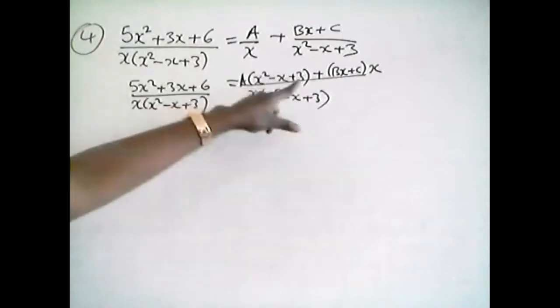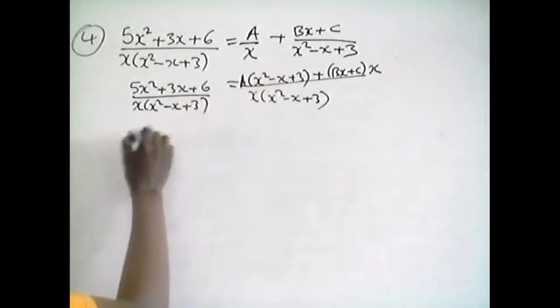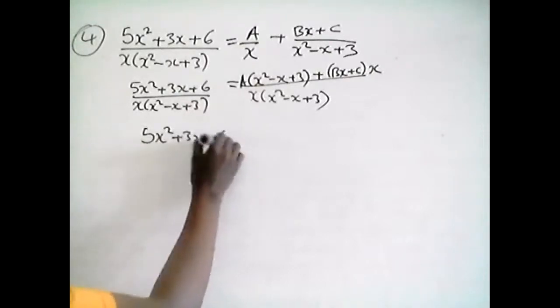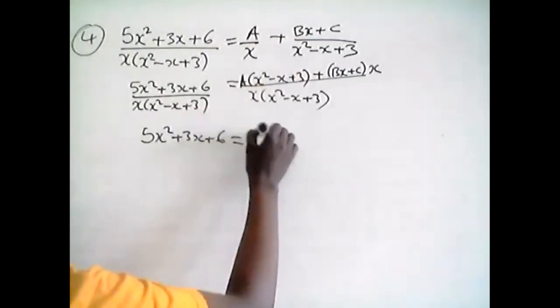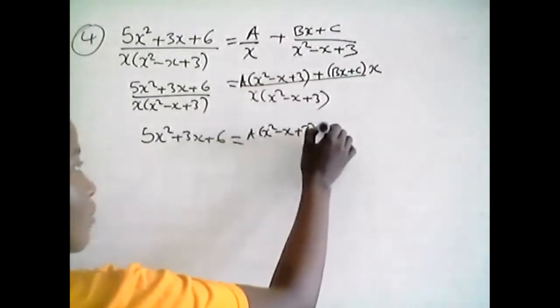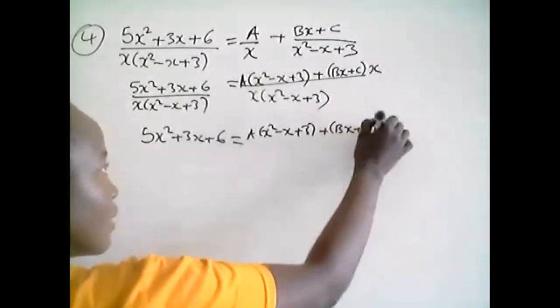You're just going to remain with the top part. That stage you can do yourself, so I'll just write what is going to remain. 5x squared plus 3x plus 6 equals a times x squared minus x plus 3, plus bx plus c, times x, like that.